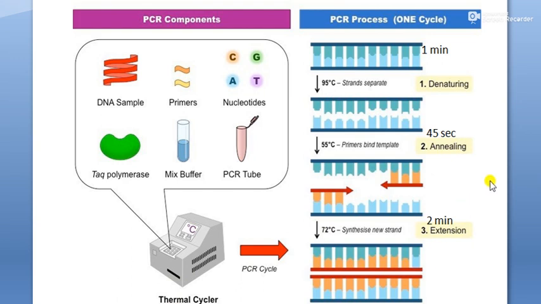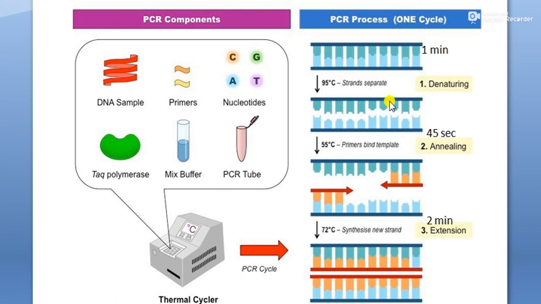It is a very quick process, a very quick cycle. So see here, the first step is denaturation. It takes about 1 minute and the temperature needed is almost 95 degrees plus minus 1. In this step, the proteins are denatured.